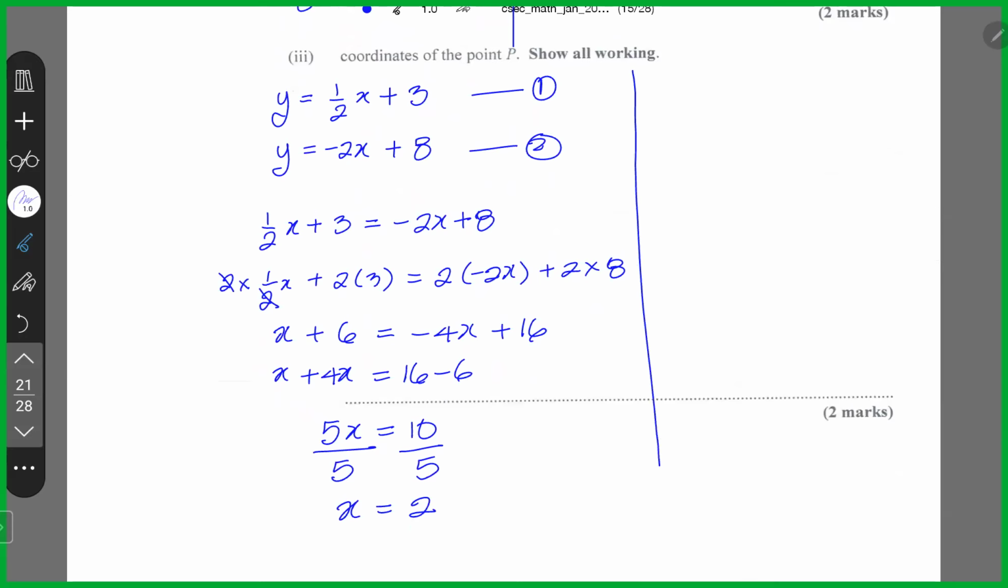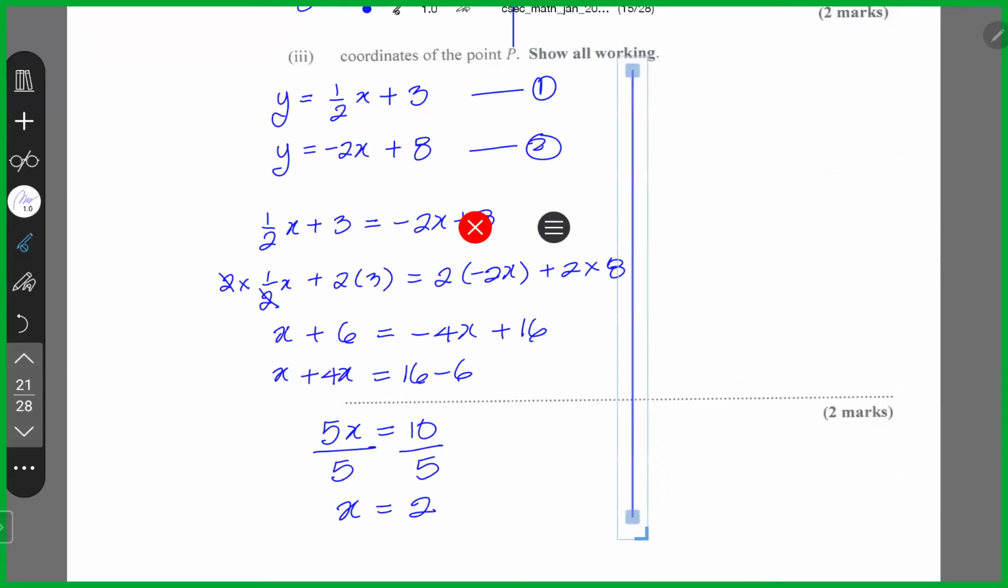Let us find out what y is at the point P. To find y, I simply substitute x equals 2 into either of the two original equations. It doesn't matter which one, both will give you the same answer.